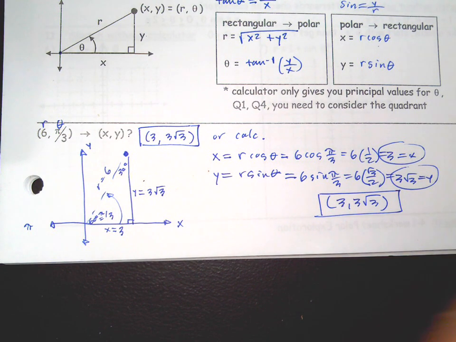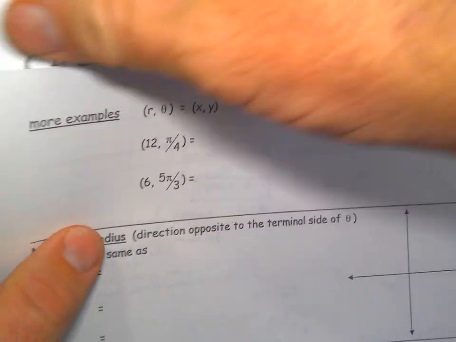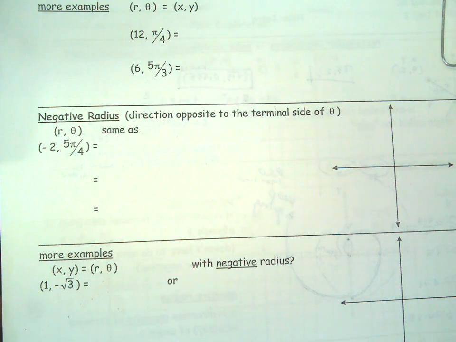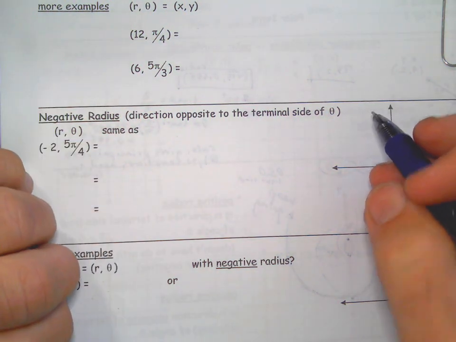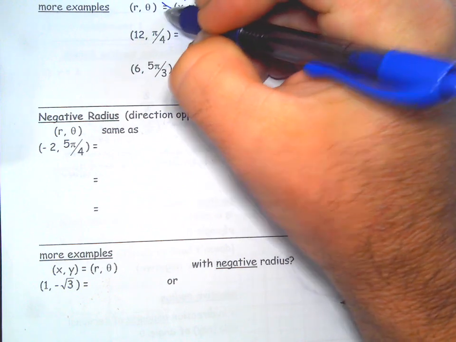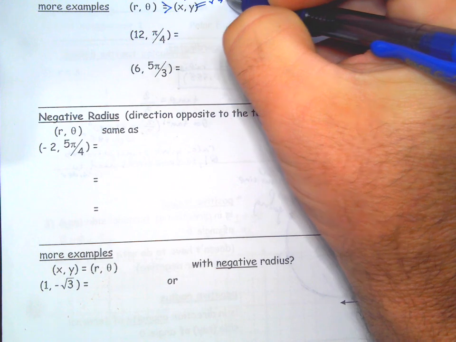So in the back, I have another one. You guys could try it, pause the video and try it out. So like I said, you could remember, okay, well, x is going to equal r cosine theta and y equals r sine theta.